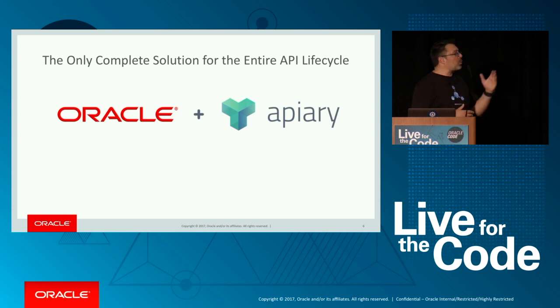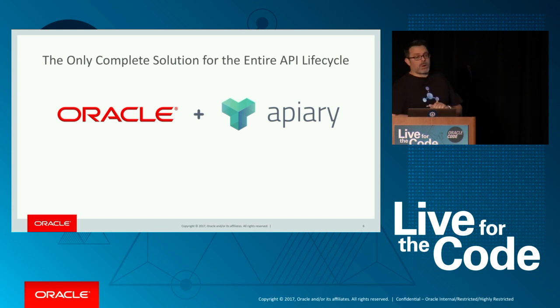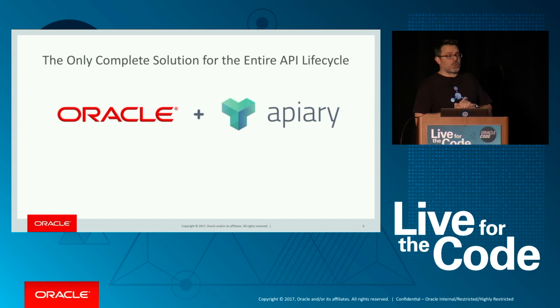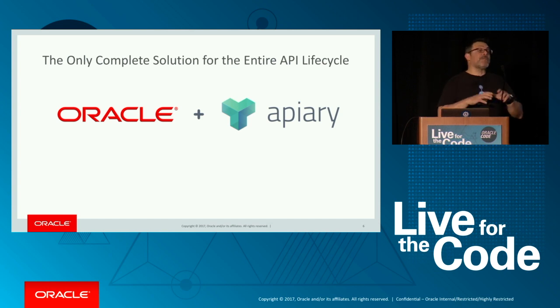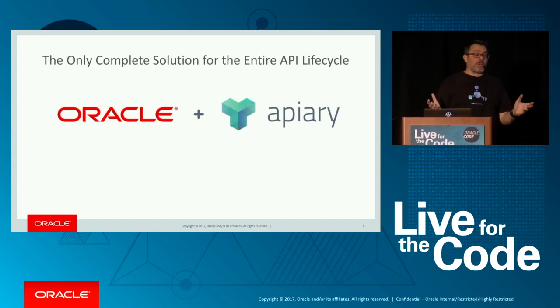And we started to work together as a startup with Oracle and integrating with this tool set. And at some point, it was a good idea to get the company into Oracle. So now we have a full tool set that takes care of that whole API lifecycle from design, implementation, testing, publishing, documentation, and running the runtime.